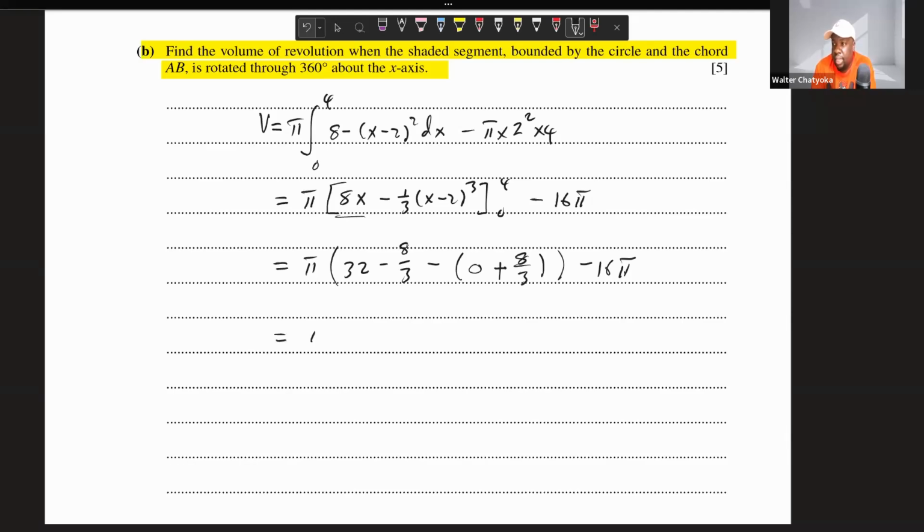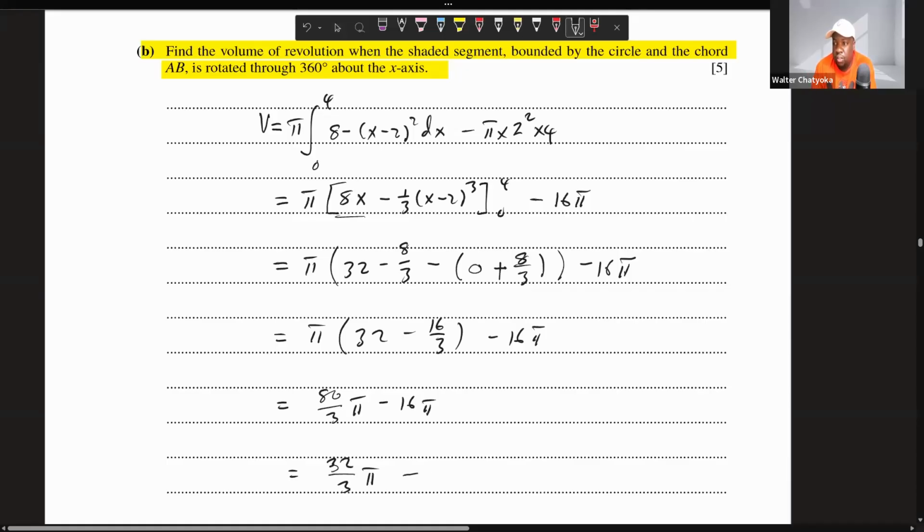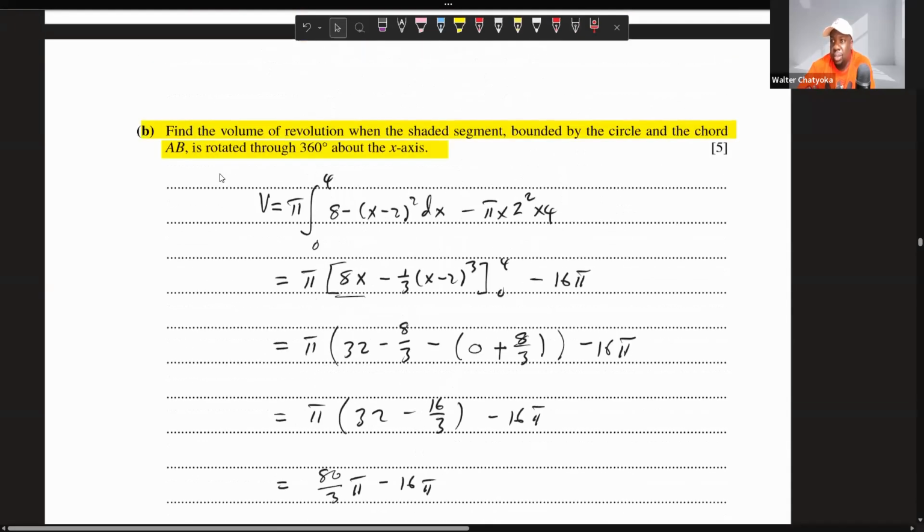So that gives us π of 32 minus 8 over 3 minus 8 over 3, which is minus 16 over 3, and that's minus 16π. 32 minus 16 over 3 gives us 80 over 3 of π minus 16π. If we subtract the 16π, we should get 32 over 3 of π for our final answer here. So that's basically how we do it for this particular question.